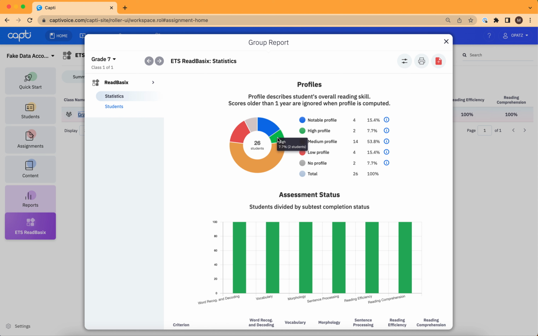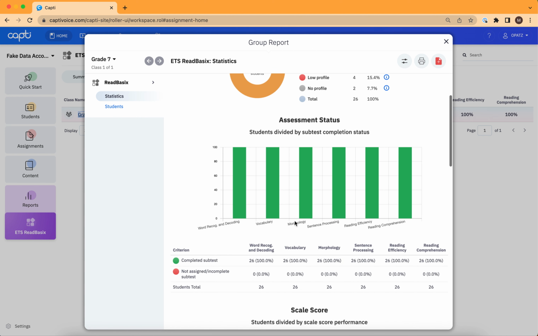There are students who are scoring mostly high on the subtests, medium performance across the subtests, and then low: students who are struggling and performing weak on most of the subtests. And then there are students who are just unknown at this point. They would need more data to determine what type of profile that student would have.